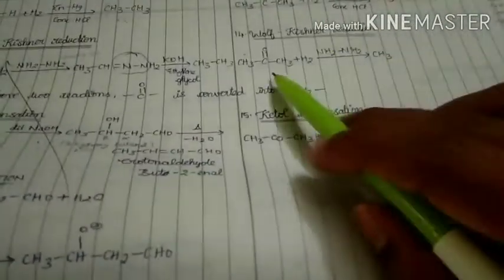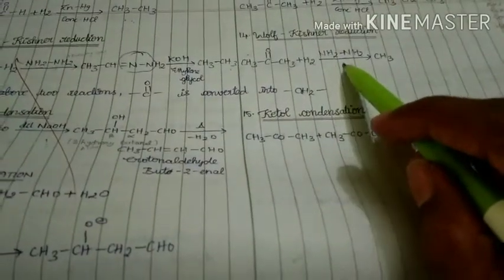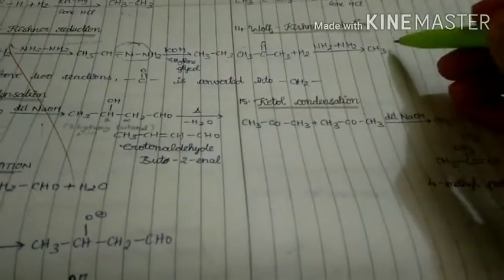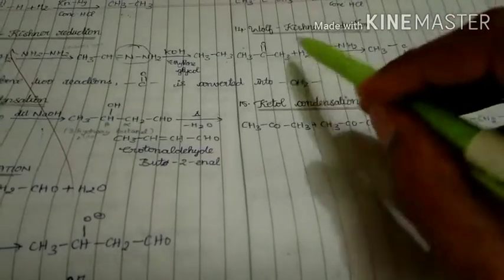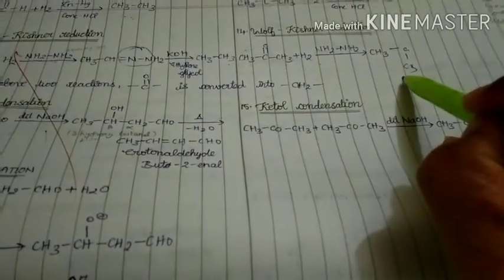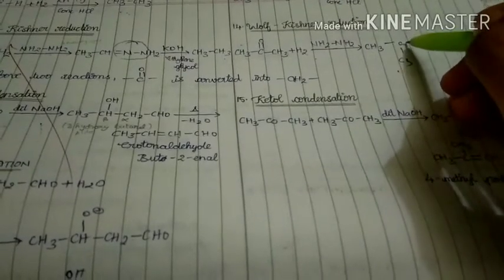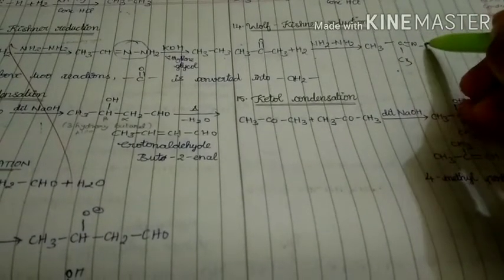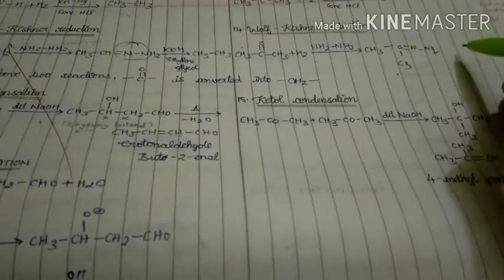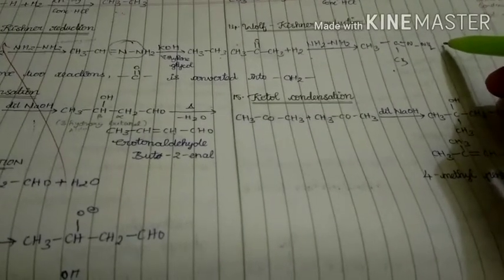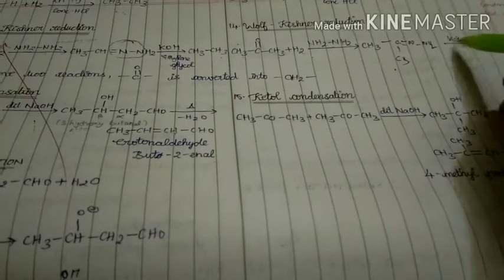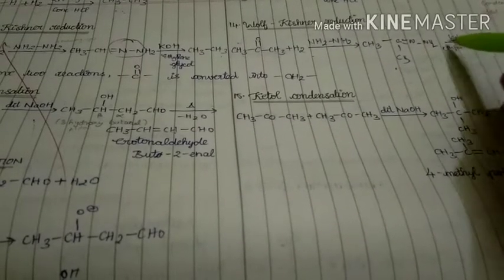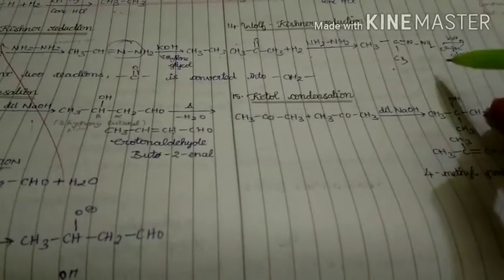Here also see, when acetone reacts with hydrazine, what happens? CH3, C, CH3, double bond N, NH2. When this compound is treated with KOH in the presence of ethylene glycol, then what happens?